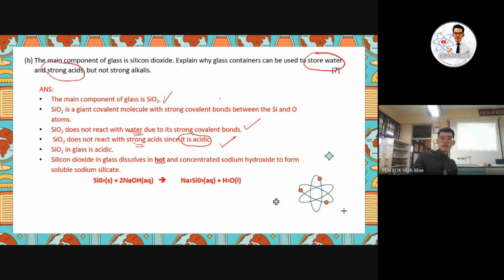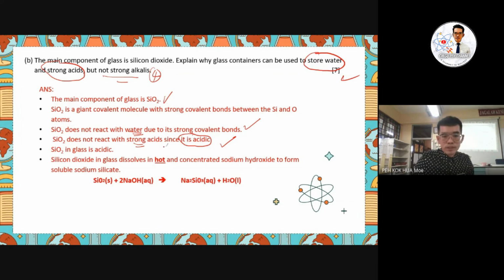So that means the marks are related to the question. You see or not? Yesterday the question only asked why not in strong alkaline, 4 marks. You can refer back to the same question, section B 2015. But here we have 7 marks, so you have to discuss the reaction with water and also the acid. Okay, so the next point is that silicon dioxide in glass is acidic.